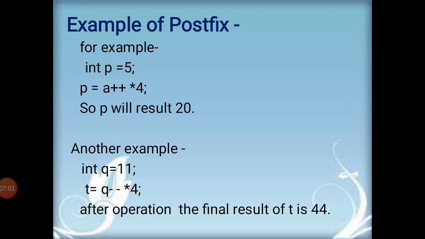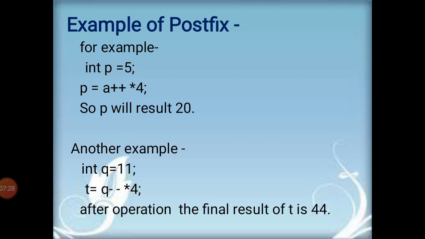Another example, int q is equal to 11. The expression is t is equal to q minus minus into 4. Here also it first uses the value of q, that is 11. So it first multiplies 11 with 4, that is 11 into 4, 44.